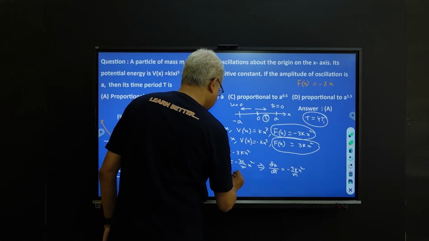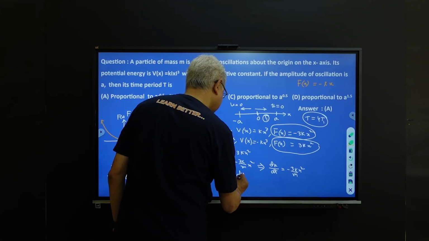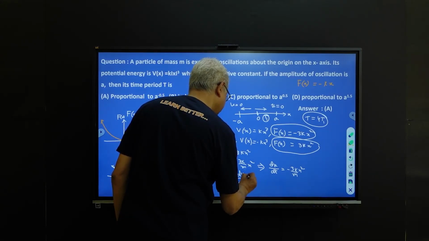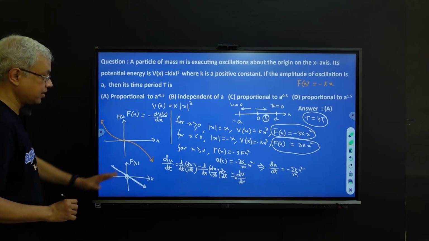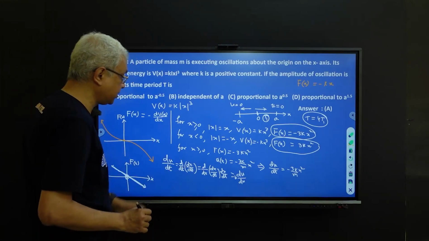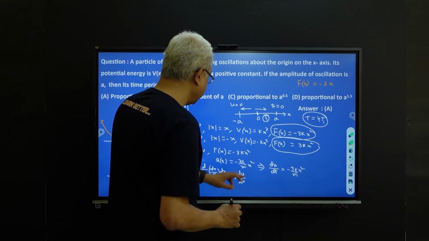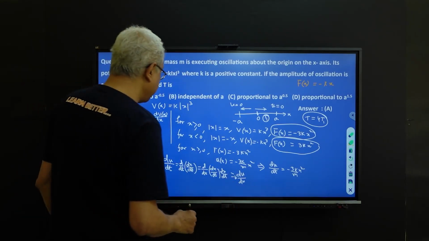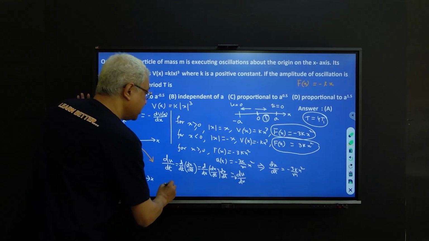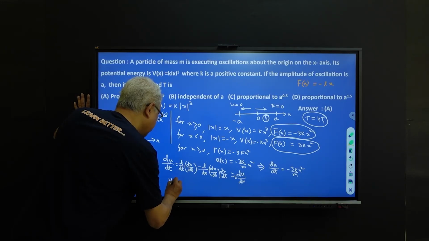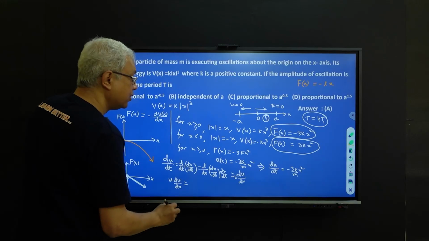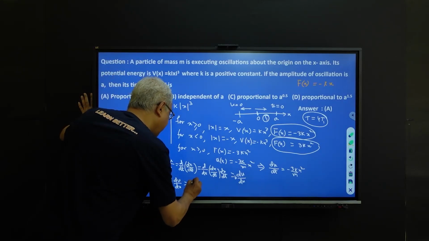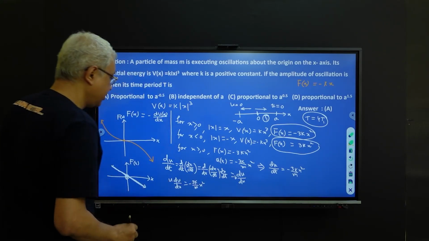So it is how much? du/dx into u. So I can write it is u du/dx. So acceleration of the particle is actually u du/dx. So u du/dx is equal to minus 3k by m x square.